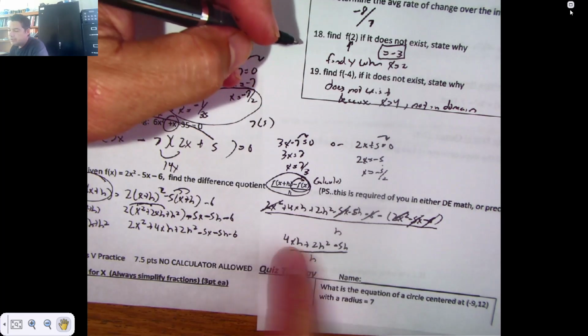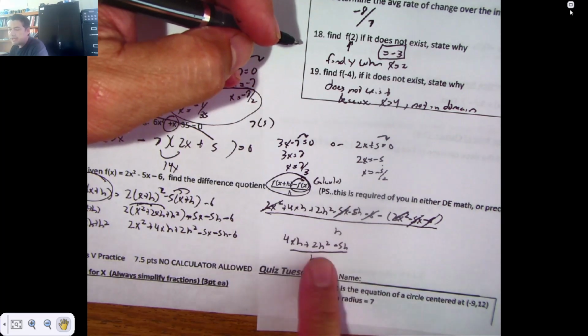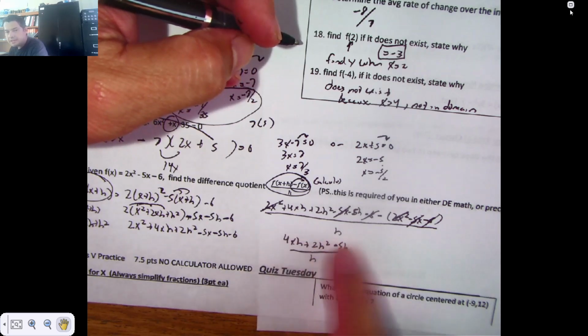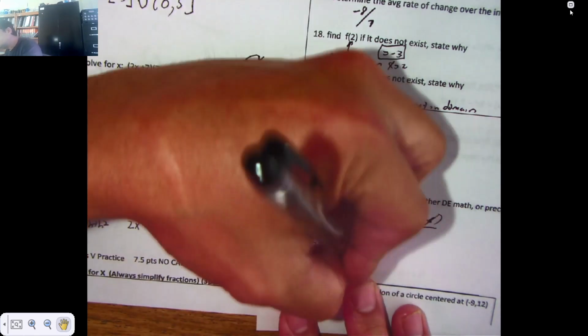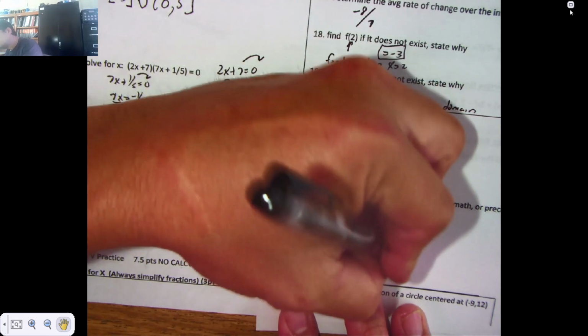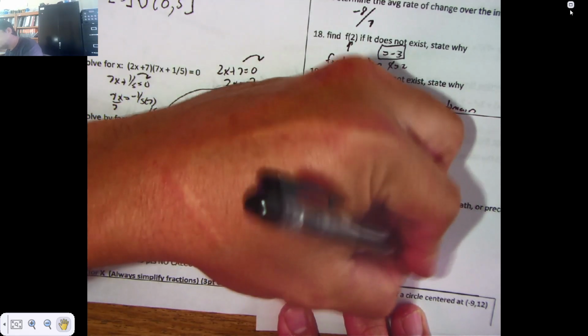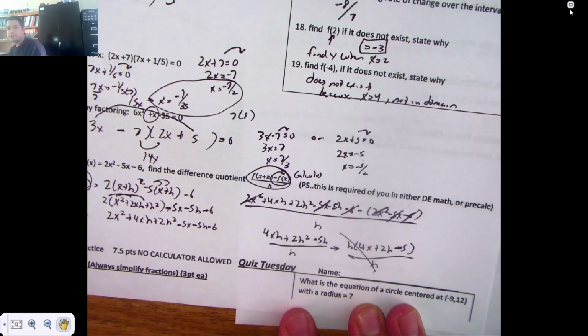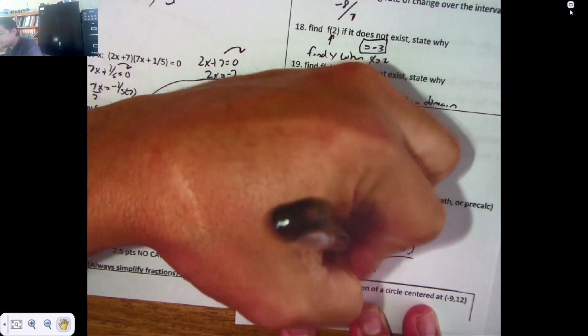And there are 4 distinct pieces of that fraction, and every single piece has an h. One way I could think about this is I could pull the h. And then I'd see it. The h's cancel, and this is what I'm left with.